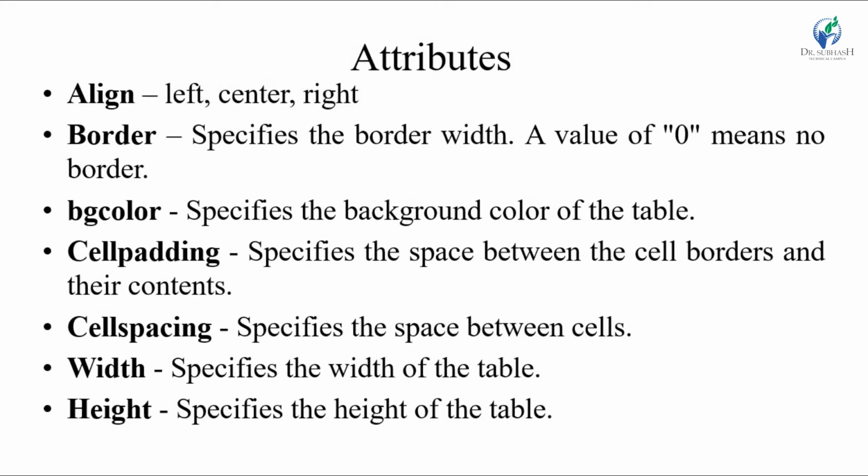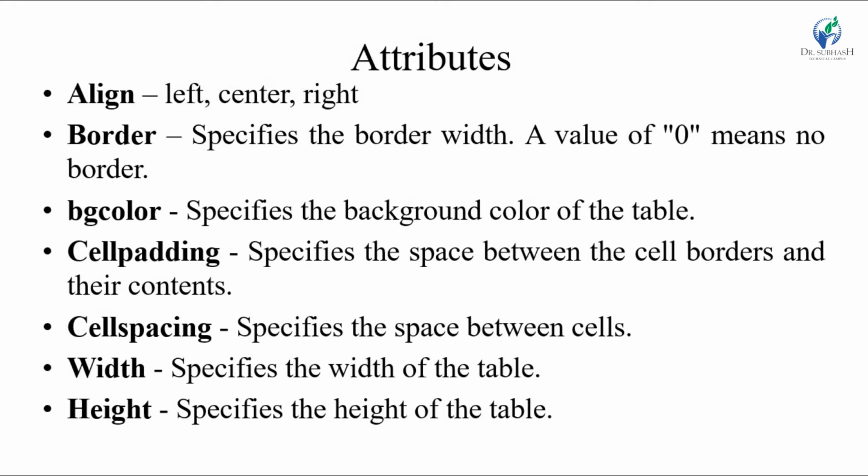Next is cellpadding. Cellpadding is used to specify the space between the cell border and its content. We have the cell, and inside the cell we have the content. The space between the content and the border of your cell is specified with the help of cellpadding.